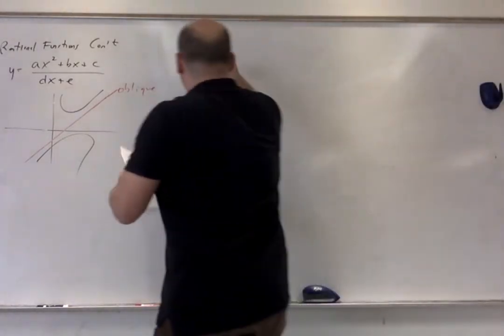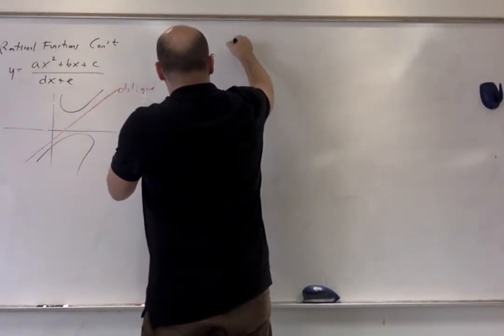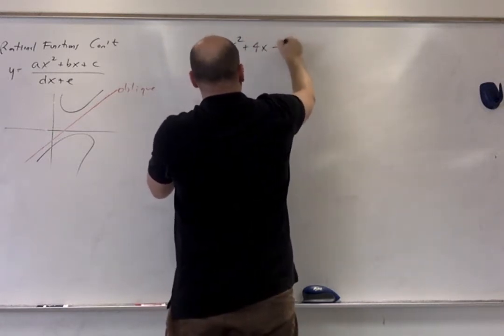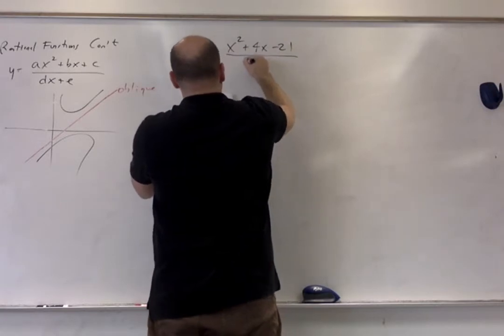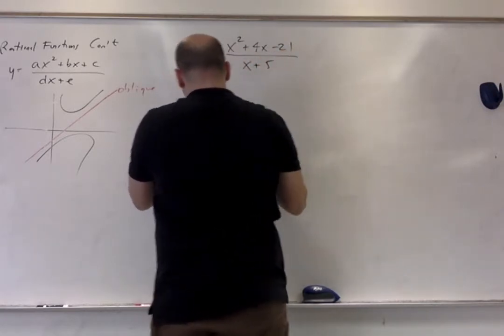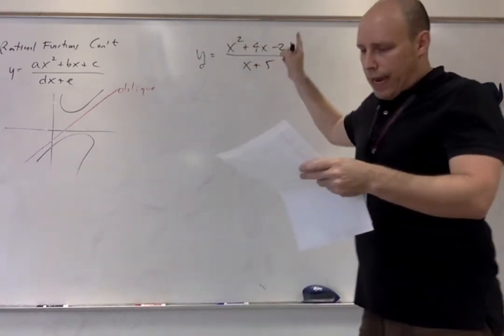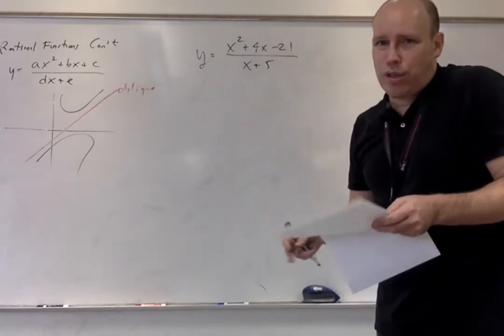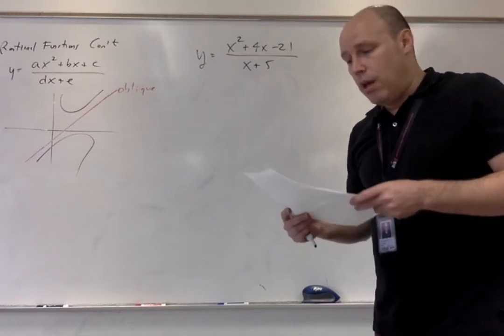We have y equals x squared plus 4x minus 21 over x plus 5. Take a look at this in Desmos so you know what we're expecting. You'll be able to do this on your own. You're going to be asked to do this.